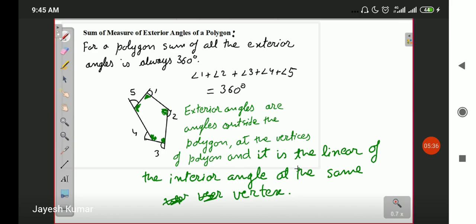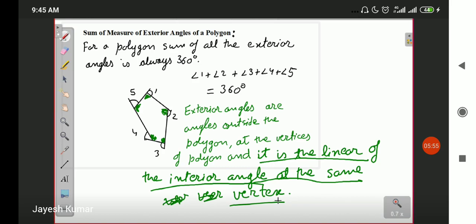Okay, keep that in mind. This last part is the most crucial one. Most of the students, even after knowing what an exterior angle is, are still unable to differentiate between any other angle and an exterior angle.